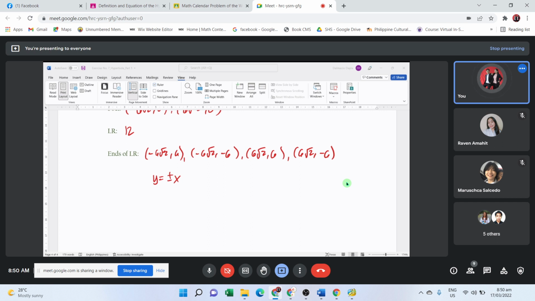So siguro I'm expecting only 7 students to be resubmitting their graded exercises. O paano yung iba? It will affect a great deal sa inyong grade, and wala naman tayong ibang pagbabasihan kundi yung ating Google Classroom and the activities that I am giving you. So, yun lang. Meron ba kayong itatanong? Clarify about the activities?